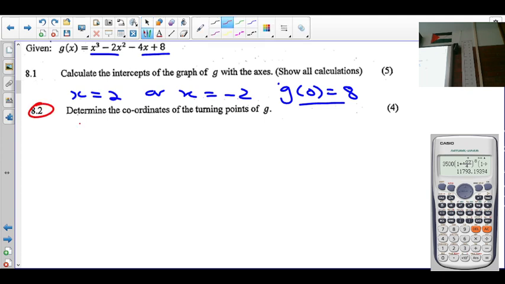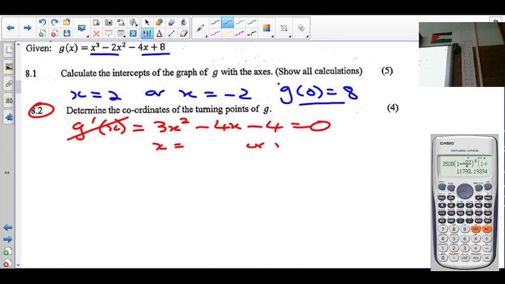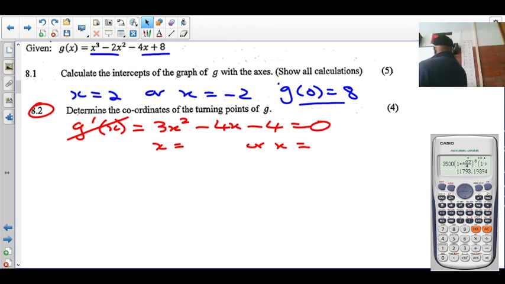First derivative, let's set it equal to 0. So it's 3x squared minus 4x minus 4. I set it equal to 0. So x works out to be one of two values. Either you use the quadratic formula, or you factorize it using the rules of trinomial factorization, or I just use this calculator here easily.